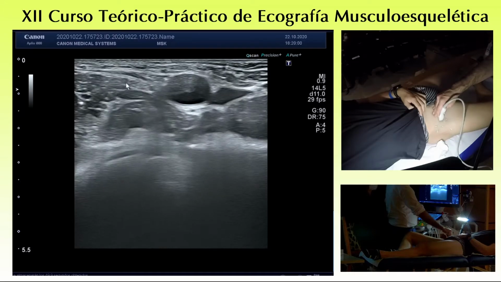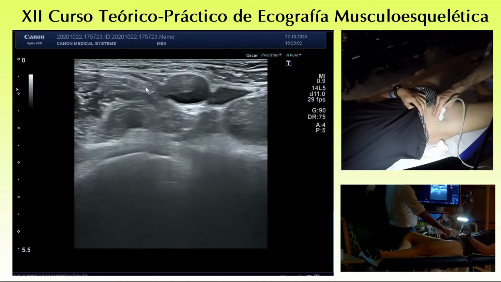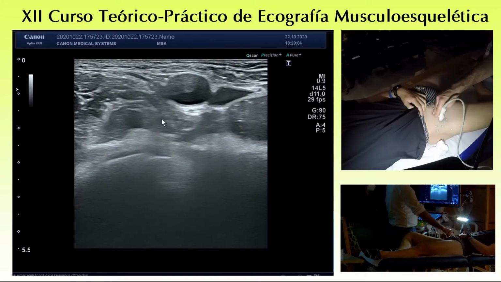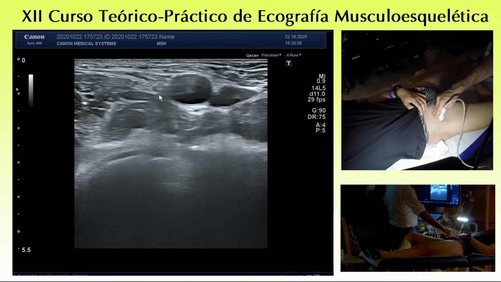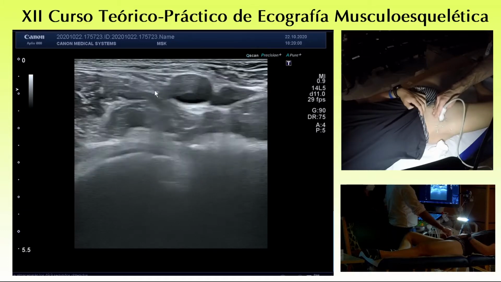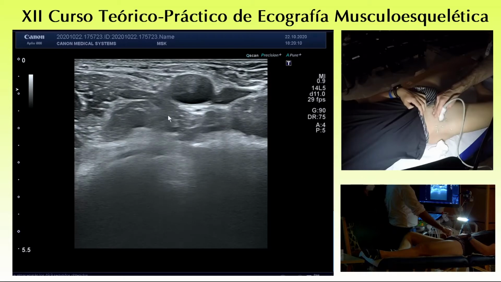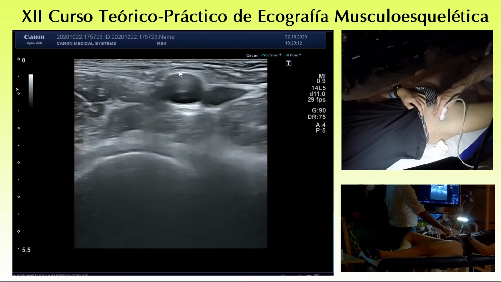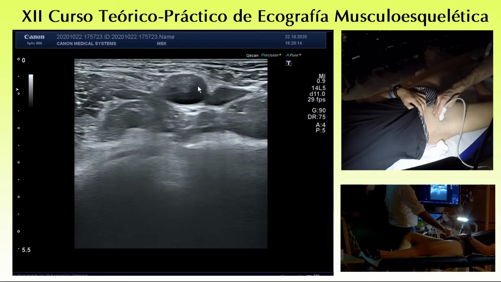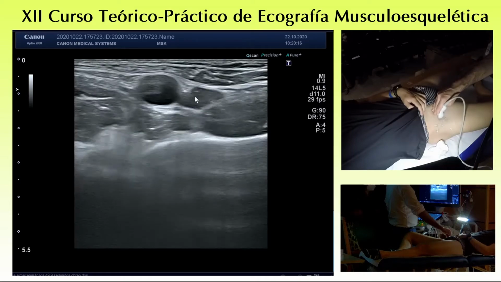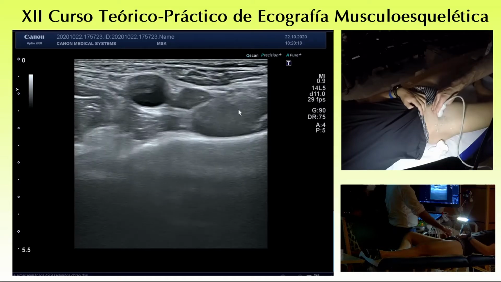You see the femoral nerve with its fascicular structure. It is not easy to perceive the iliopectineal arch, but at this level it separates the two lacunae. This is the femoral artery, this is the femoral vein, and this is the pectineus muscle.